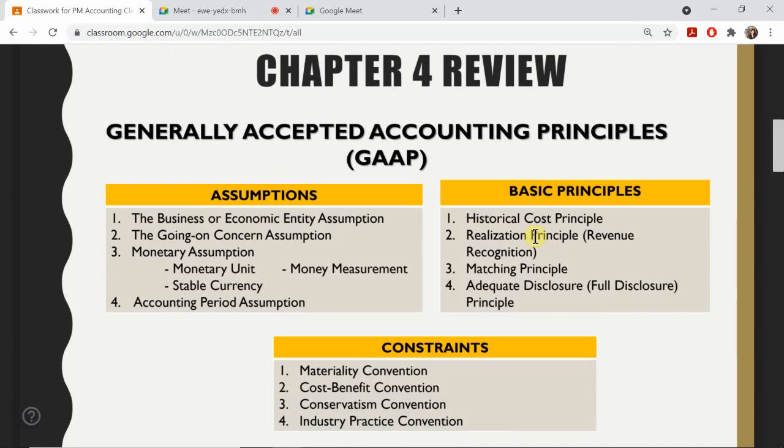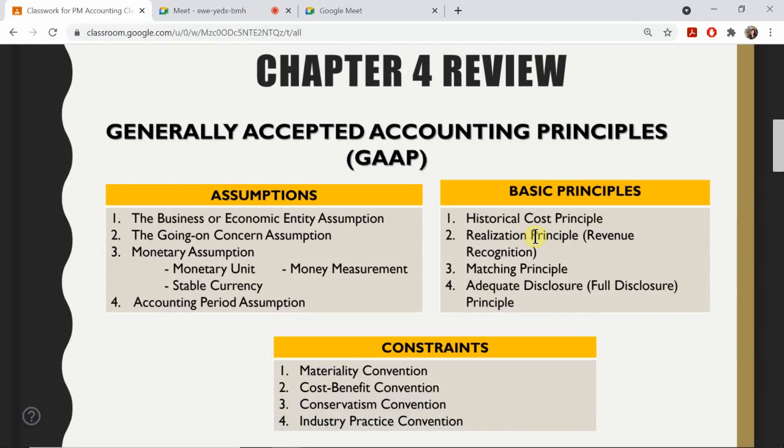This is more advanced, where you have to consider what decisions will affect the business. That is something for a higher level of accounting. So I'm only going to test you on the first 8, which is your assumptions and your principles.